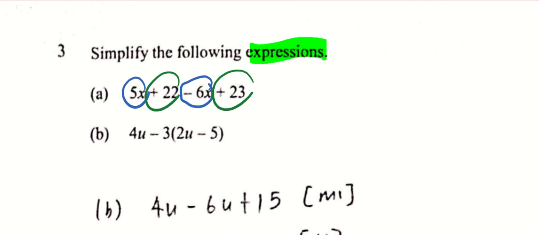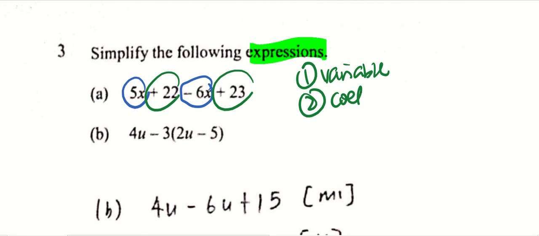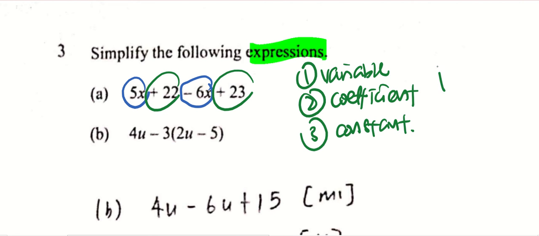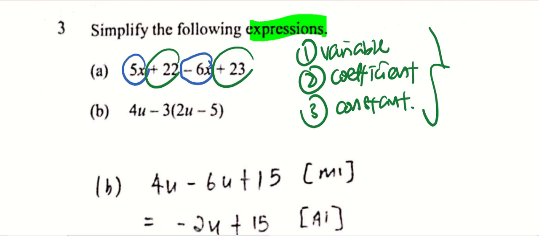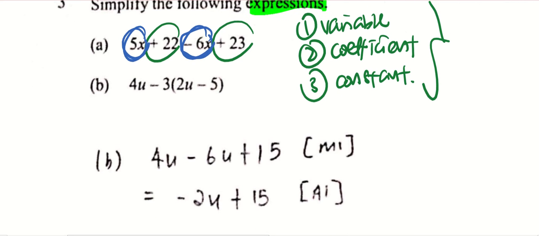There are a few terms that you need to know: the variable, the coefficient, and the constant. Please go and revise all these three. All right, next. So all you got to do in this case, we've been practicing quite a bit, we just got to group all these terms with the variable together.